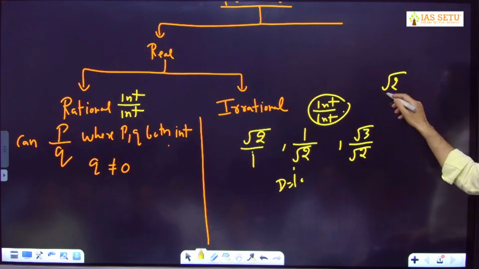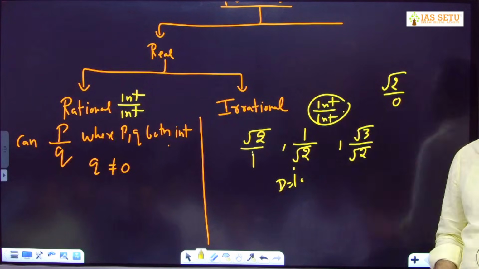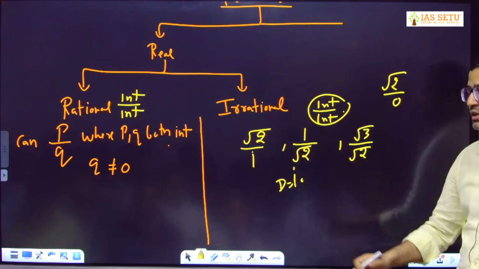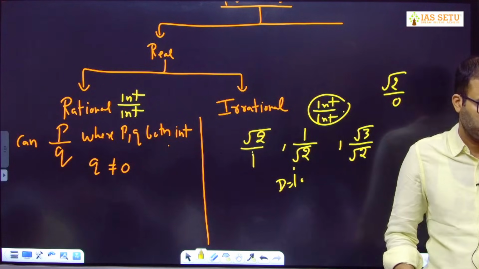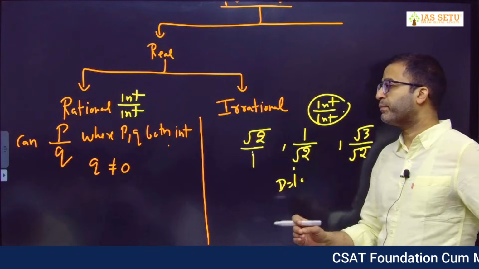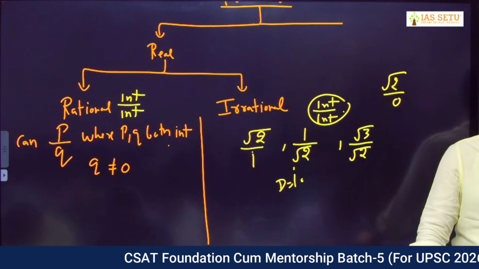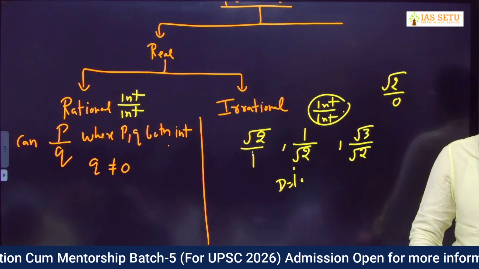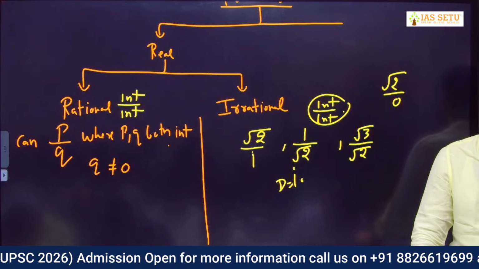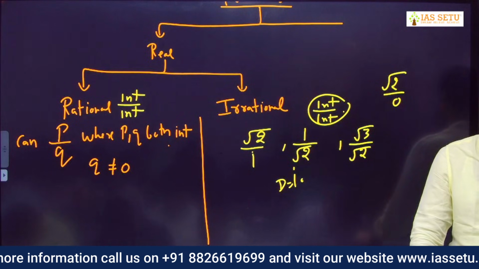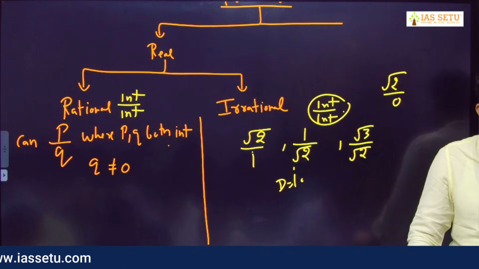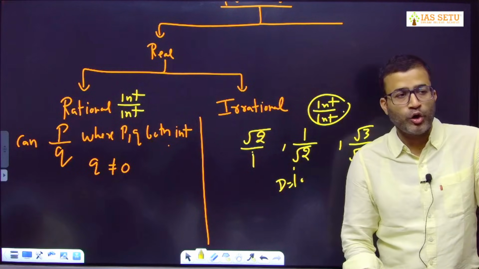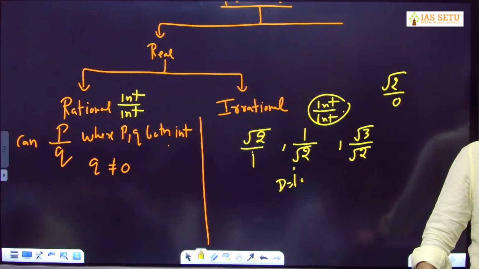The moment you put under root 2 by 0, it also becomes infinity. तो डिनोमिनेटर तो यहां भी जीरो नहीं हो सकता, denominator cannot be zero. So you write about irrational number: irrational number cannot be expressed in the form of integer upon integer, comma, either numerator is non-integer, or denominator is non-integer, or both numerator and denominator are non-integer.